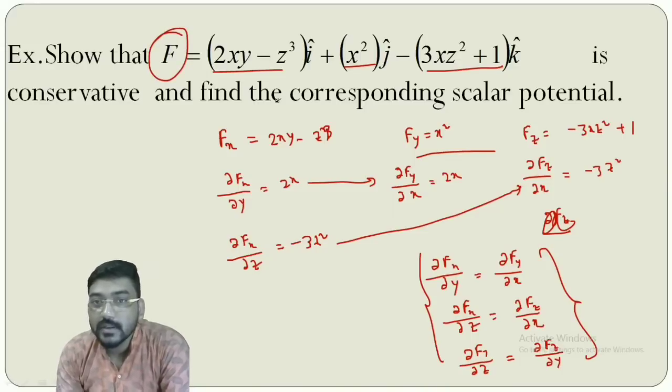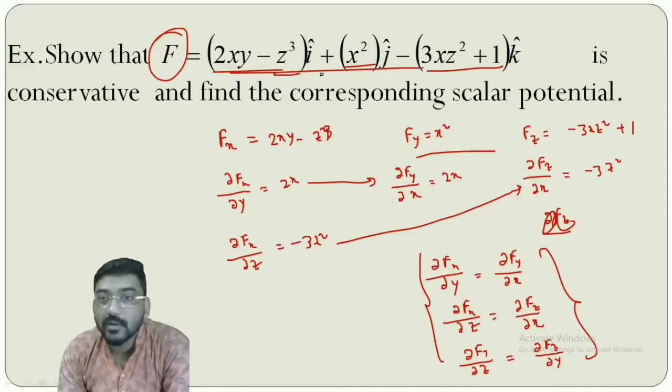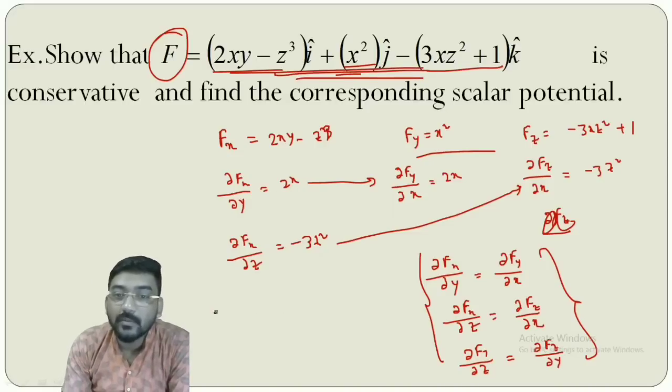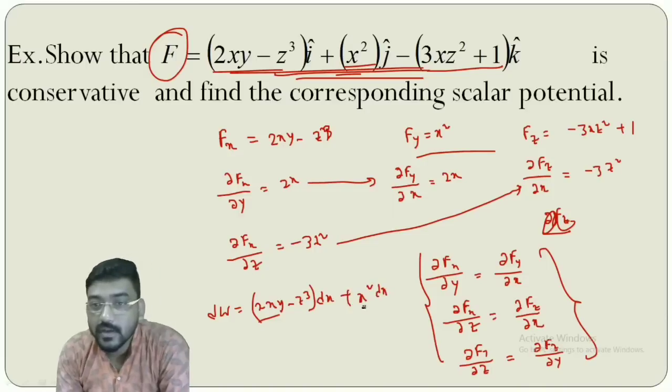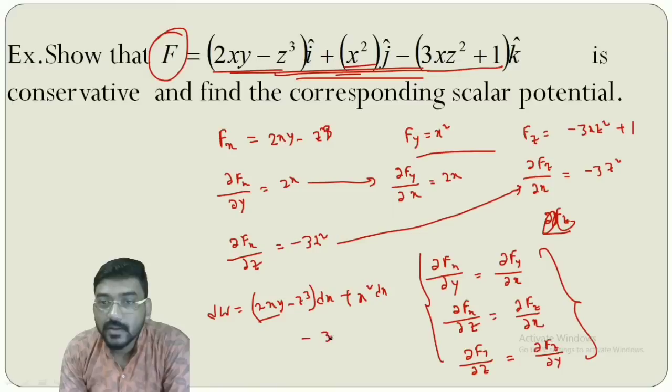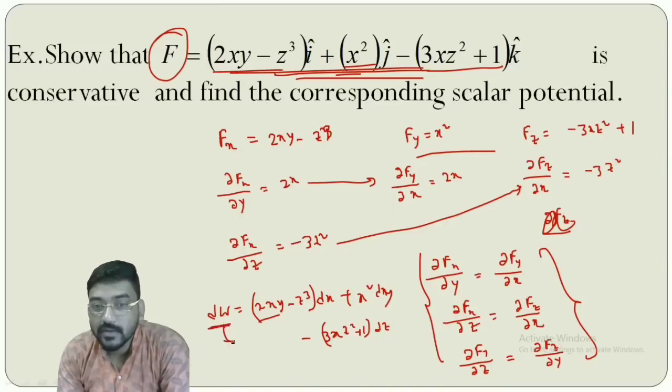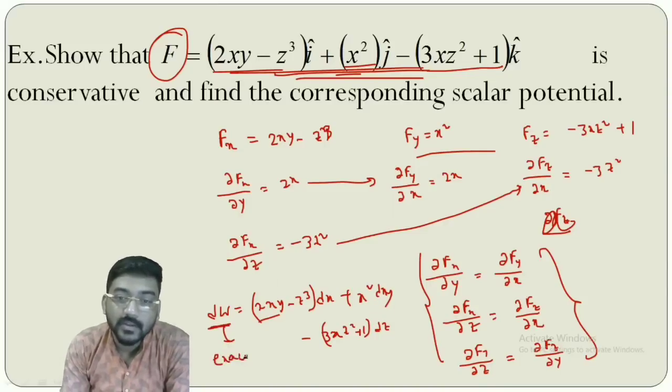So here dw is nothing but 2xy minus z cube dx plus x square dy minus 3xz square plus 1 dz. So this is exact differential.